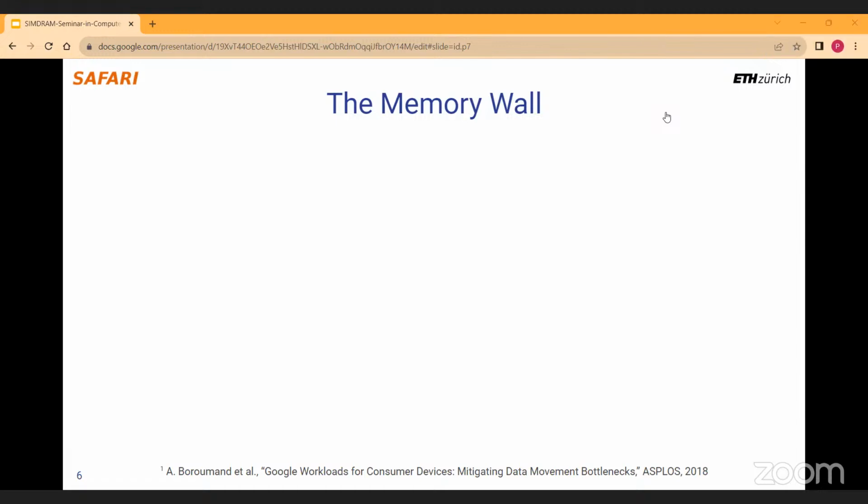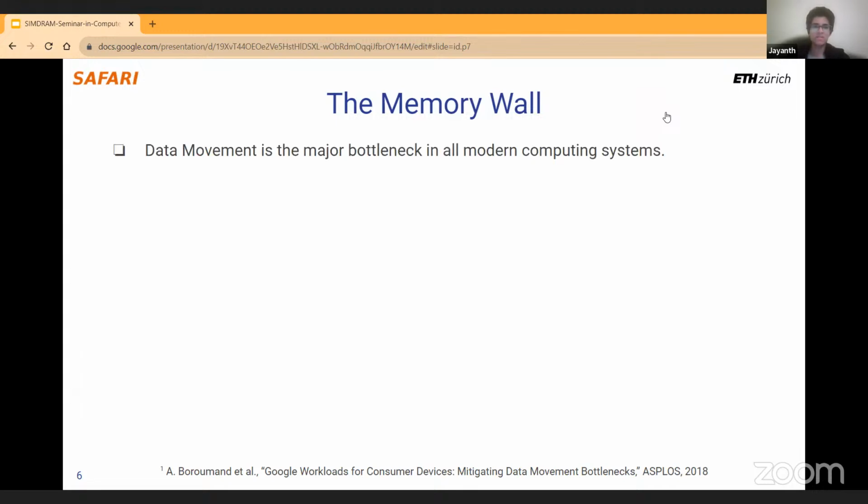Yes, yes. Okay. So coming to a little bit of background before we go into the SIMDRAM work. Why do we even need SIMDRAM? As you might already know, it is due to the notorious memory wall problem. Data movement is still the biggest bottleneck in all modern computing systems. More than 60% of a system's total energy consumption is actually from having to move large amounts of data from the memory to the processor and vice versa.